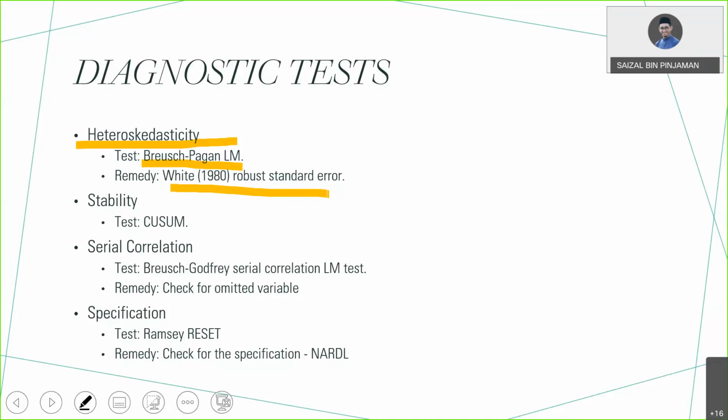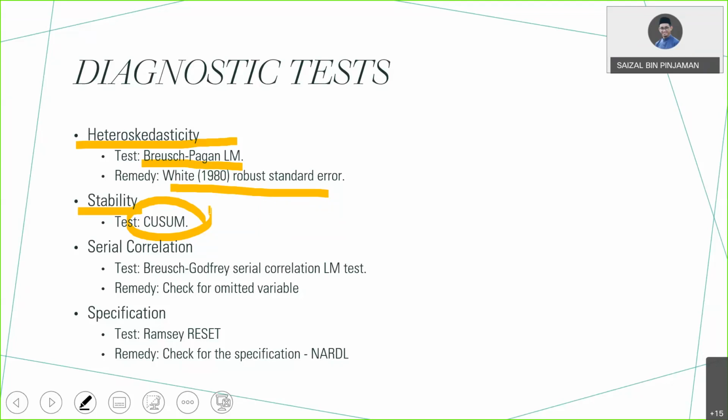Another diagnostic test that we can conduct is the stability test, where we can run the CUSUM test. CUSUM refers to the cumulative sum of squares test. Under the null hypothesis of coefficient constancy, values of the sequence outside an expected range suggest structural change in the model over time.